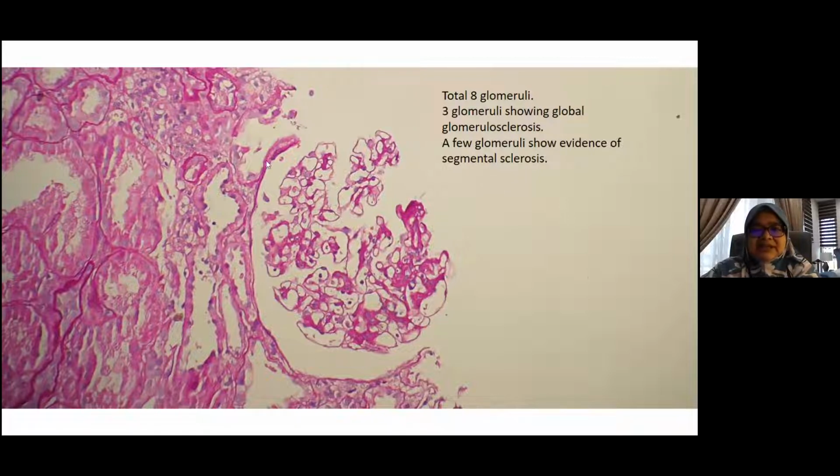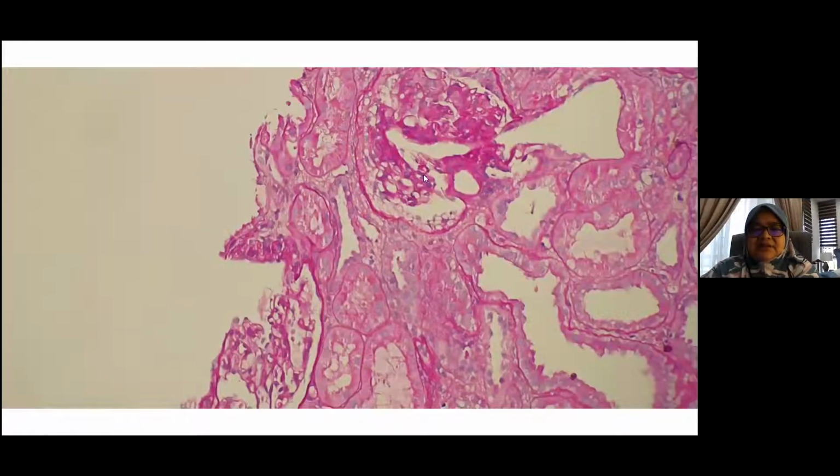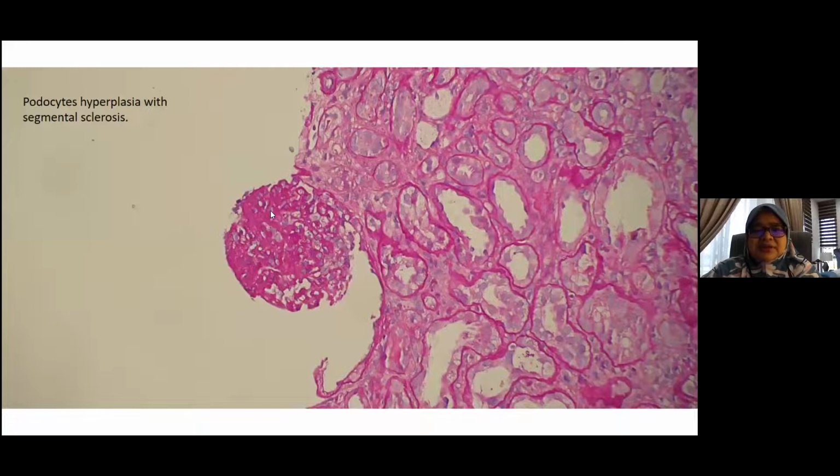Here in this PAS stain, we can see segmental sclerosis, and adjacent to it we can see mild tubular atrophy. We can see some segmental sclerosis and some extracapillary proliferation here. Again we see the segmental sclerosis and the proliferation surrounding the glomerulus.